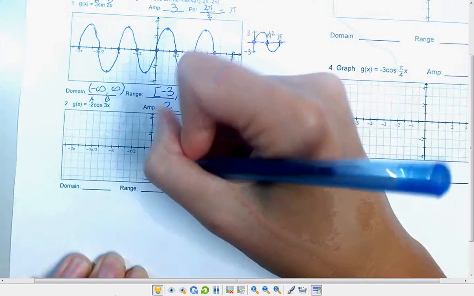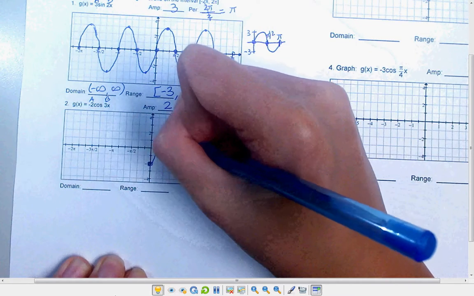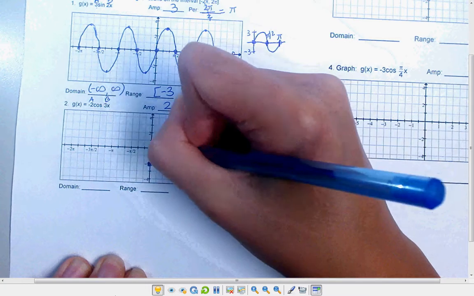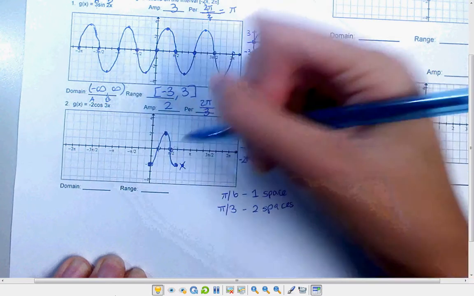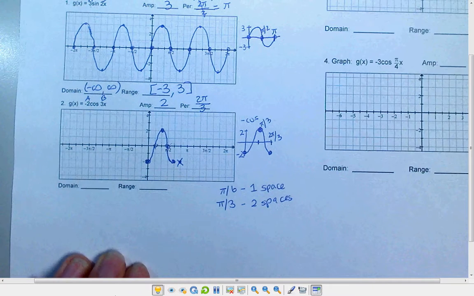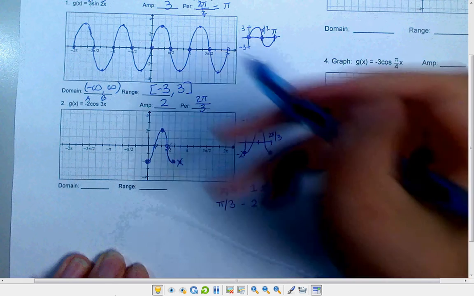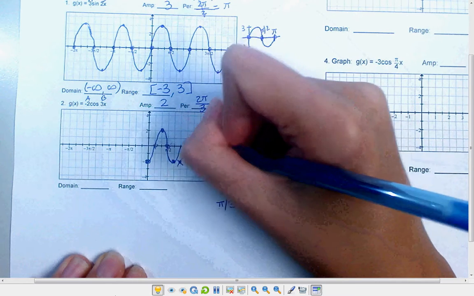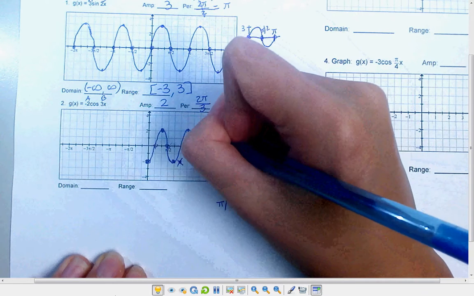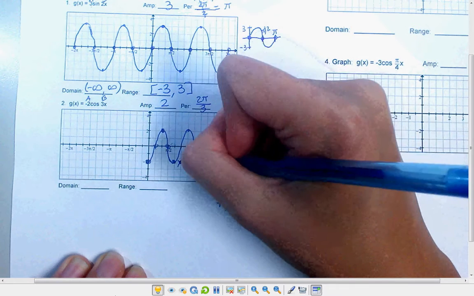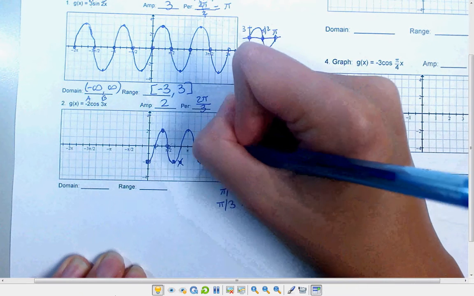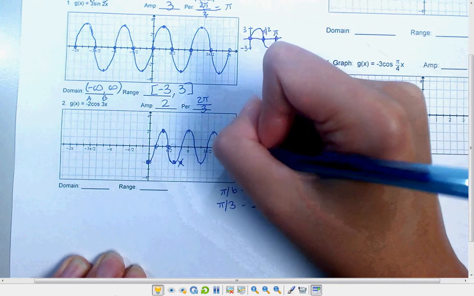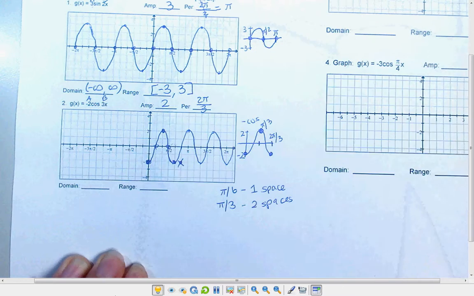Which means that when I connect this, this is going to go up, and then back down. Here are my 2 middle spaces. That's what my cosine looks like, and it's going to just repeat itself over and over again. So here it goes up, back down, up, back down.